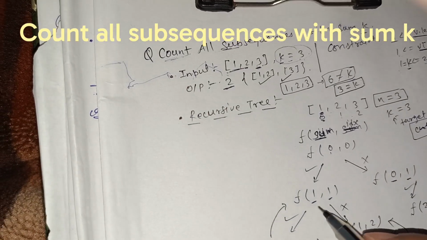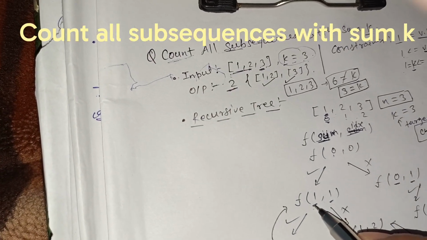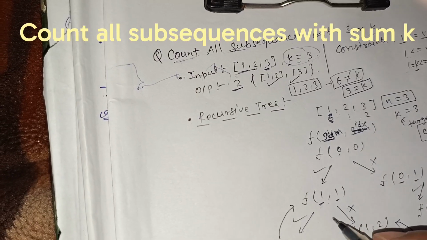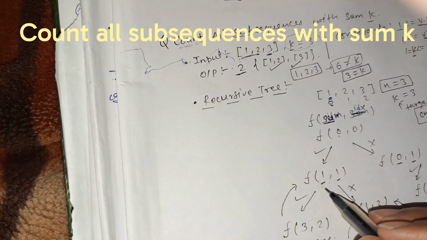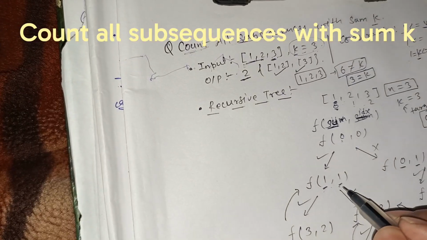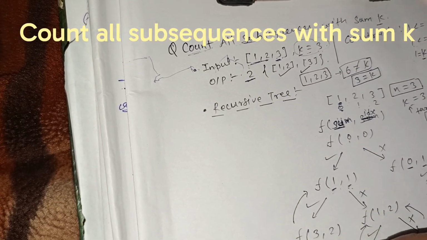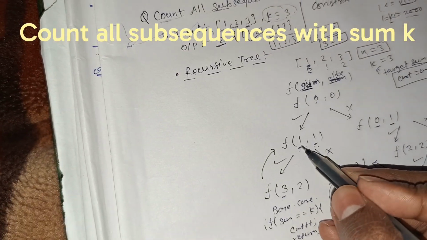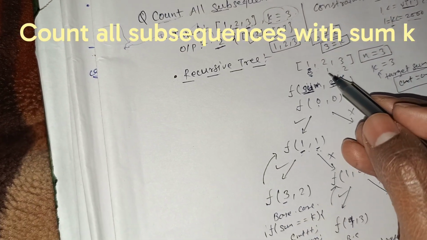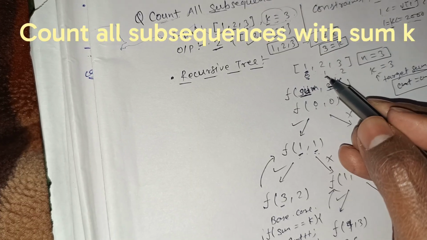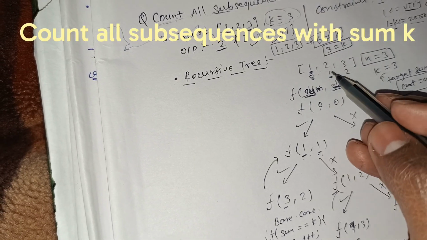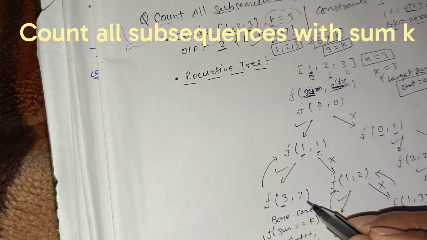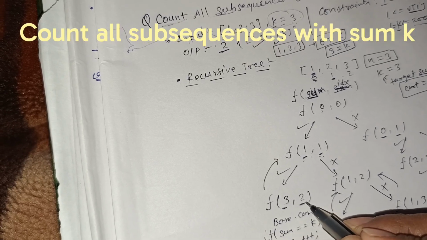Now further from sum 1 and index 1, if we take the element at index 1, then the sum will be 3. Here sum 1, element at index 1 is 2, 1 plus 2 equal to 3 and index will be incremented to 2.